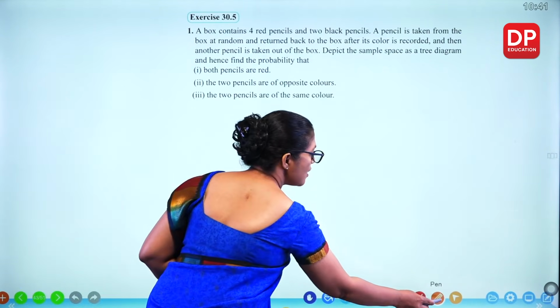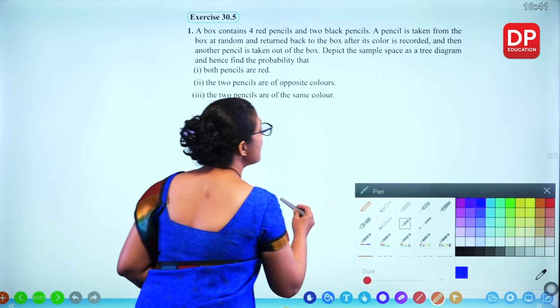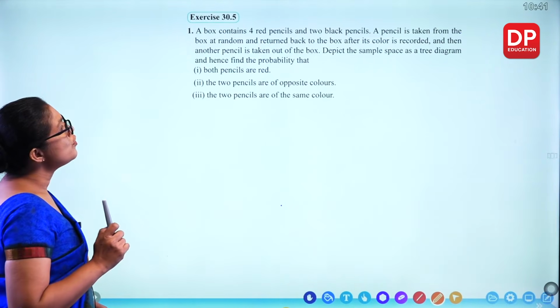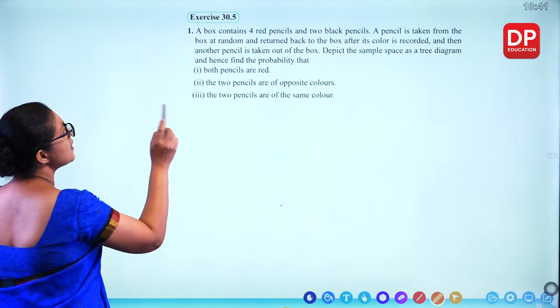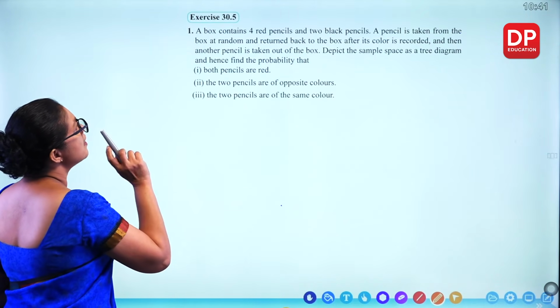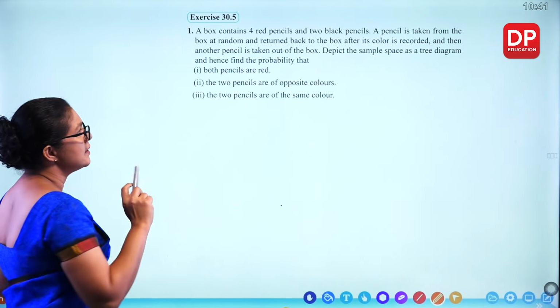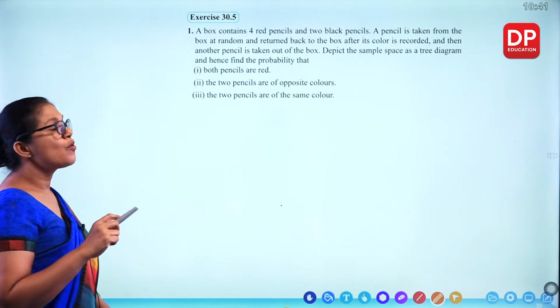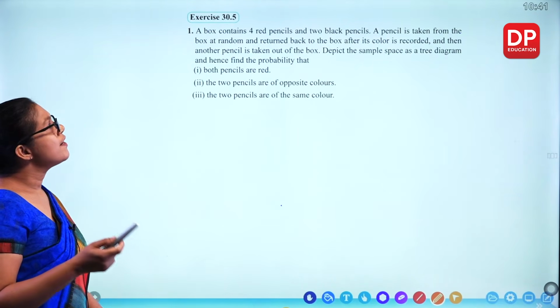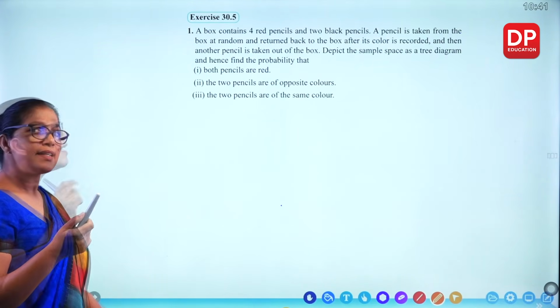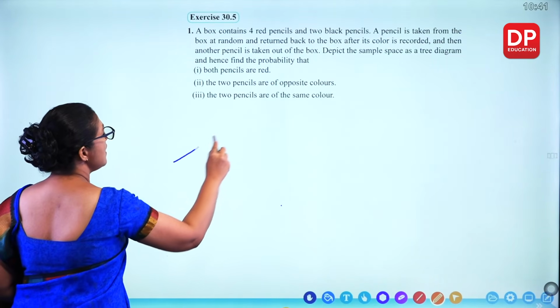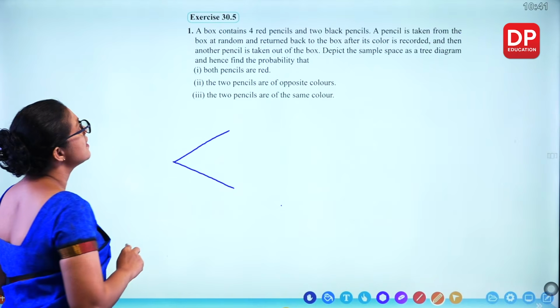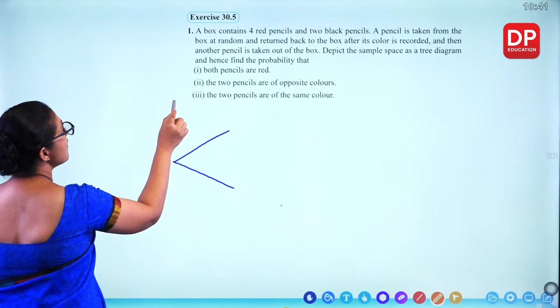So first we'll draw the tree diagram. So when you take the first box, what are the colors? Red and black. In this case, no need to label as red 1, red 2, red 3 like that. You need to just show what are the different colors. So here, when you take the first box, I'll write box 1.